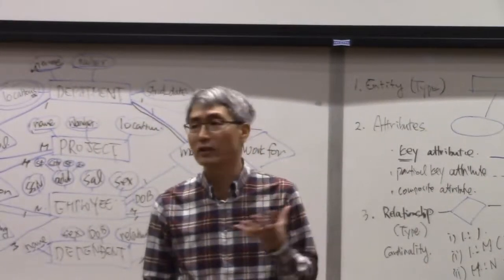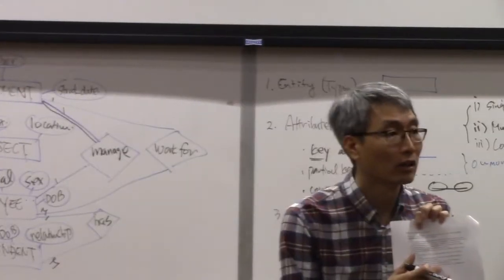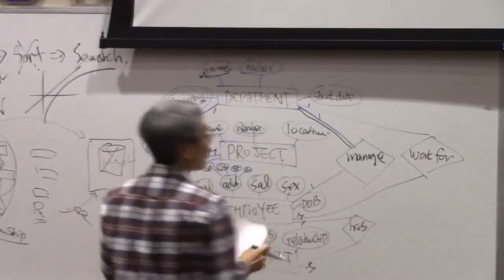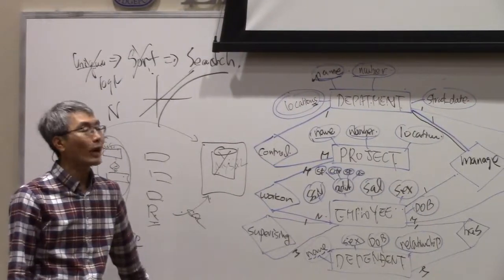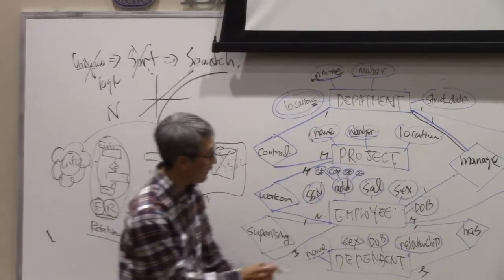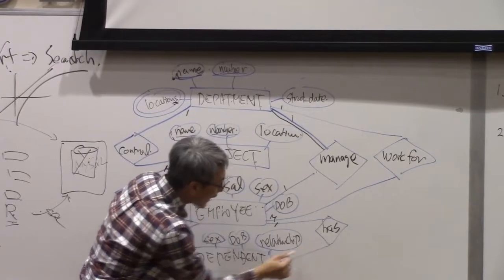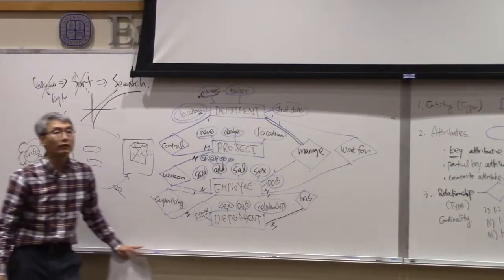Okay. But this mandatory or optional is a very strong condition. Sometimes it's not very clear from your description of the data. In case it's obvious and clearly mentioned, we can use it. So for example, employee and dependent. In case of dependent, it should be a double line, right?